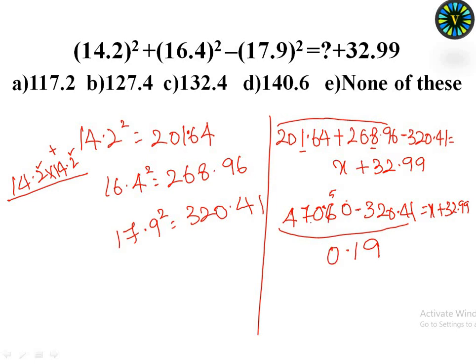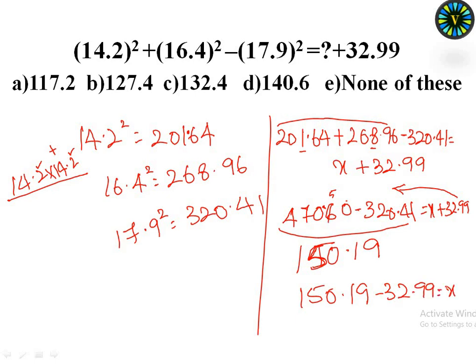I will be directly taking that. 7 minus 2 which will result in 5. 4 minus 3 results in 1. Hence, the subtraction of these 2 will provide you a difference of 150.19. Correct? Suppose if I take 32.99 to the other side, then that will become minus 32.99 is equal to x.